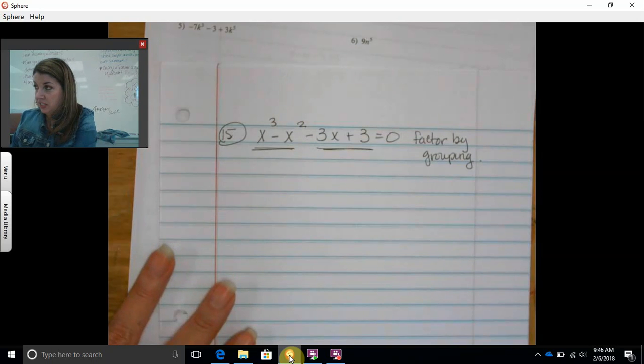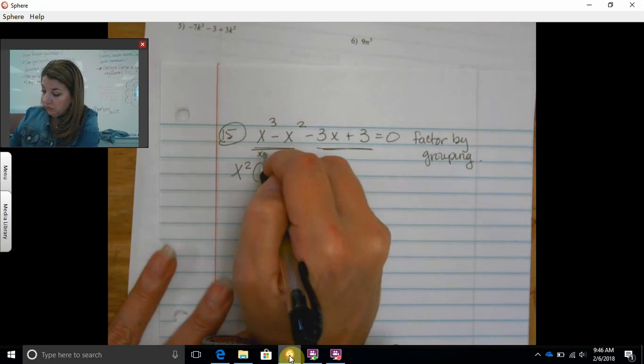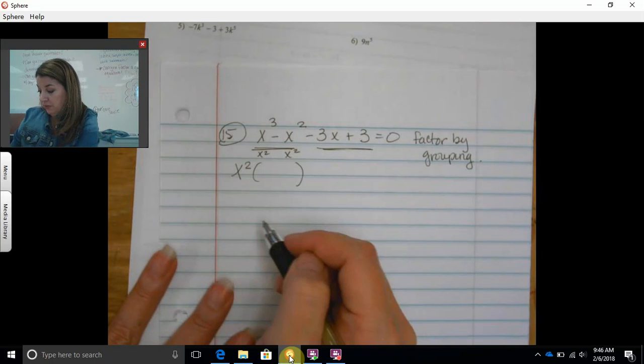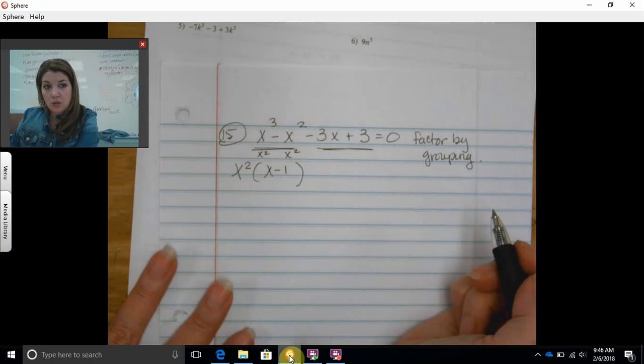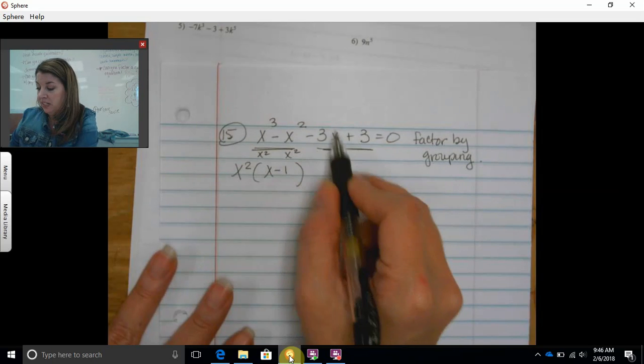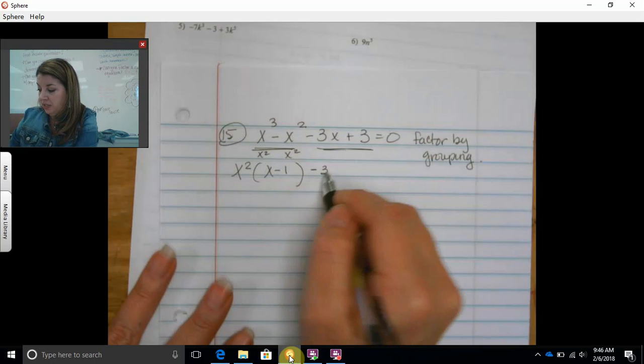What's the GCF of the first group? X squared. Factor it out, what's left? X minus 1. What's the GCF of the second group? Negative 3. Whatever that leading coefficient is, the sign, make sure you take the sign. So that'd be a negative 3.